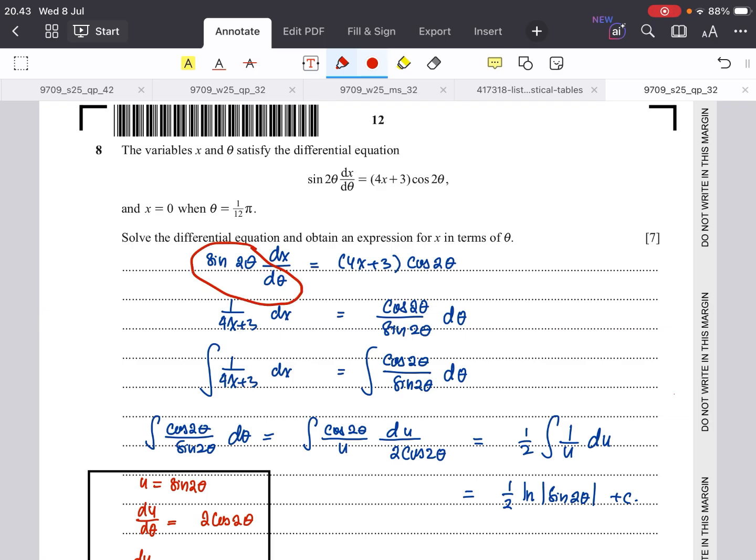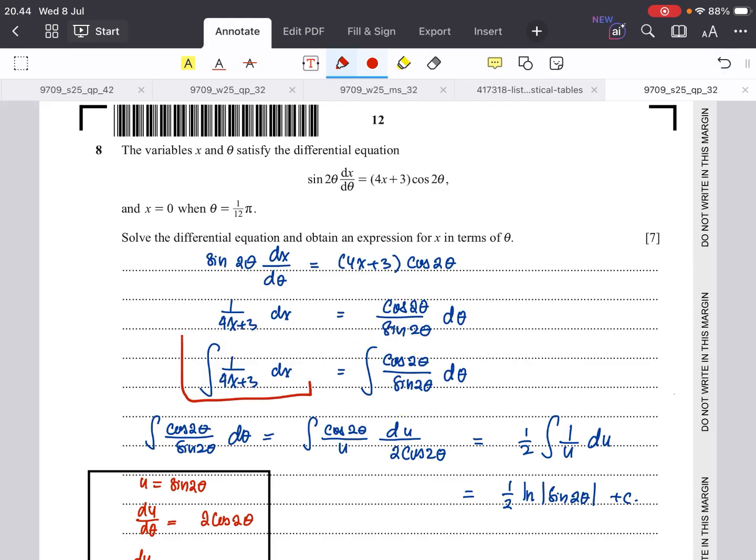I'll move the sine 2 theta and d theta to the right here, and those that contain x I gather on the other side. So it will be 1 over 4x plus 3 dx is equal to cos 2 theta over sine 2 theta d theta. And then we integrate both sides.